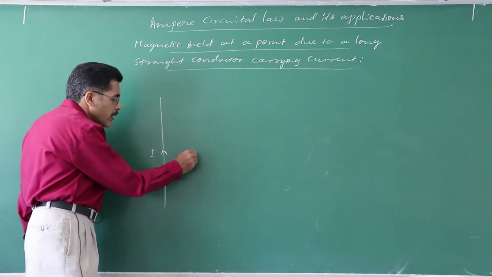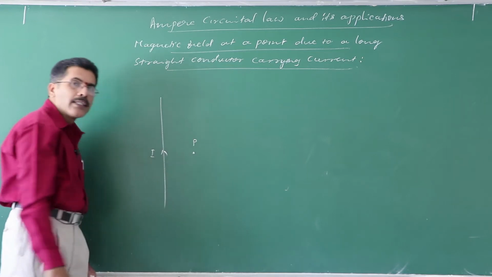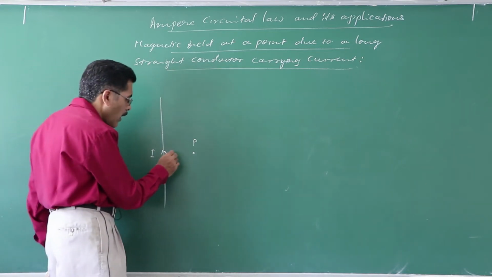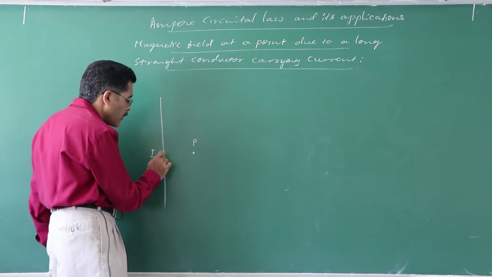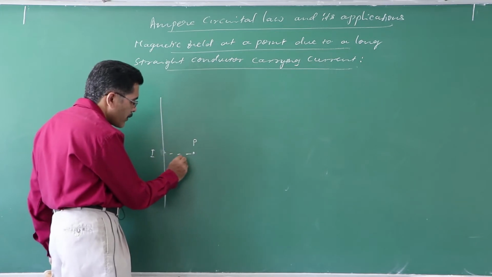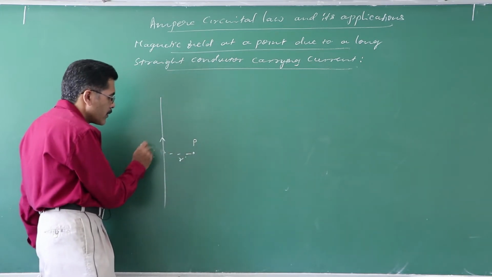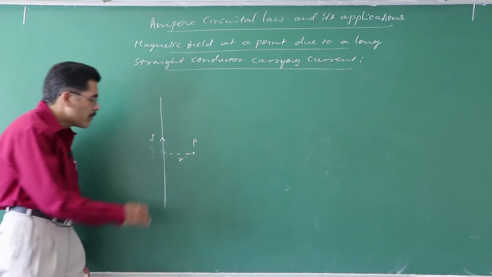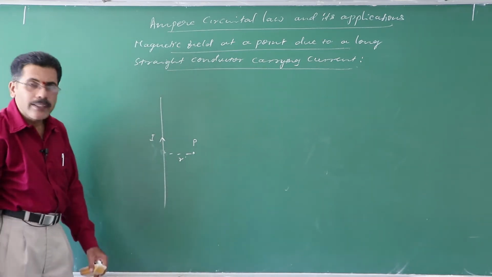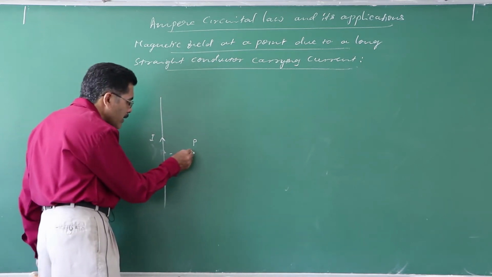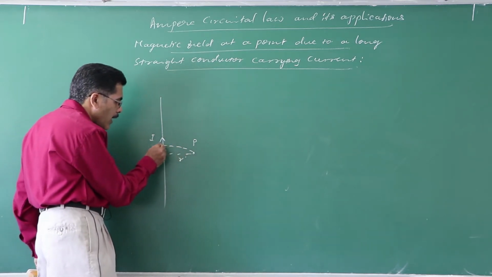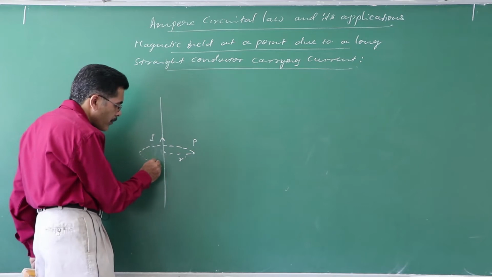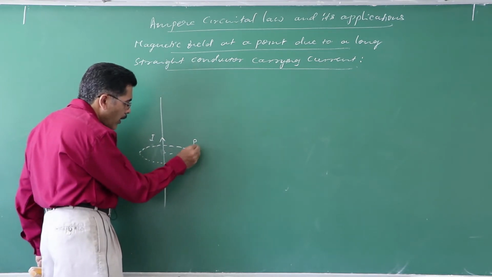Select some point P at a distance r from this current carrying conductor. To determine the magnetic field at this point, I just imagine an Amperian loop of radius r.